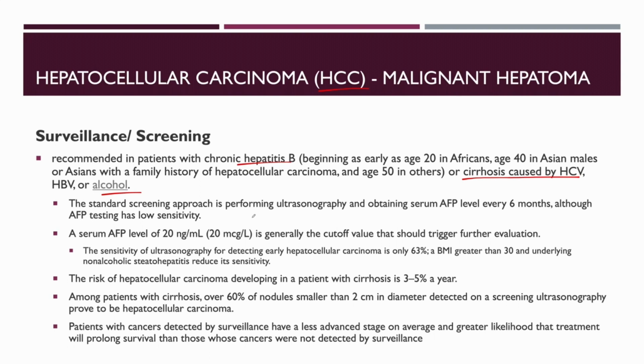We usually do this by means of ultrasound and AFP levels every 6 months, and we're looking for an AFP of 20 or more, which indicates that it could be HCC. I know in the clinic that I worked at, we would have these patients in every 6 months, and we would screen them for hepatocellular carcinoma.